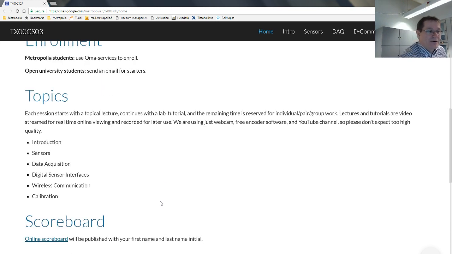All right. The topics for the course are more or less there. Today is more about the introduction and going through the basics and fundamentals of this environment. Then next week is more about the sensors. Then data acquisition, which is basically the ideology of when to take the samples, and what you have to do for the data before you can take the samples.